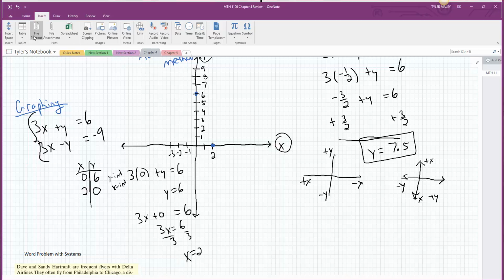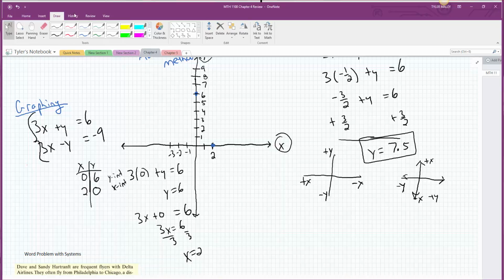Maybe not. Oh, I can do it here. I'm just going to pick this line tool. So I'm going to go from this point to this point here.